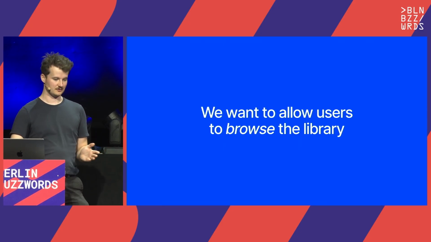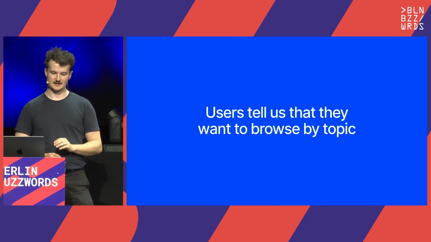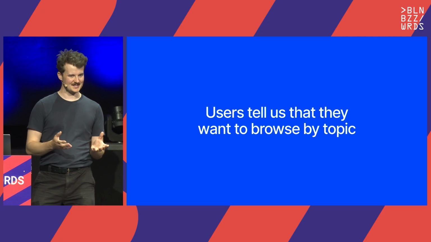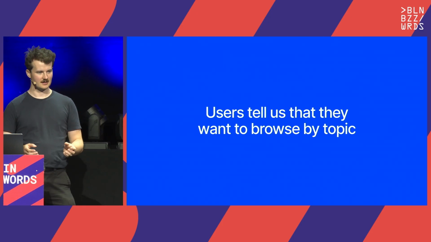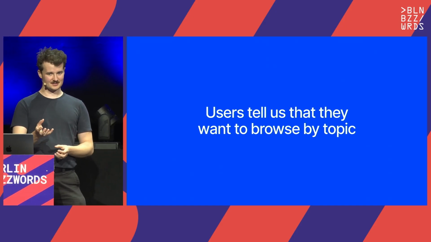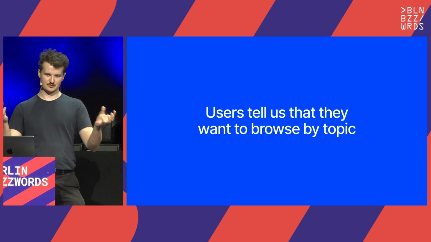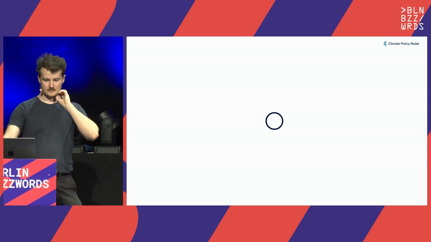In other words, we want to allow users to browse our library of documents. And users tell us that a way that makes sense to them for exploring this dataset is by topic. We might be able to recognize the topics that exist in documents and use those as bridges between those documents that both mention that topic.